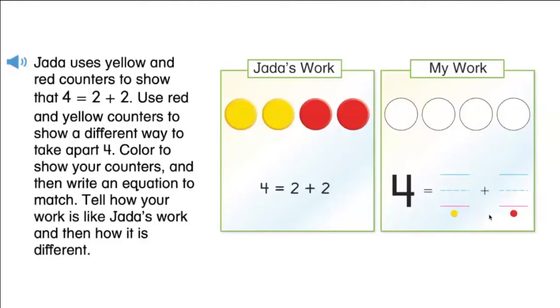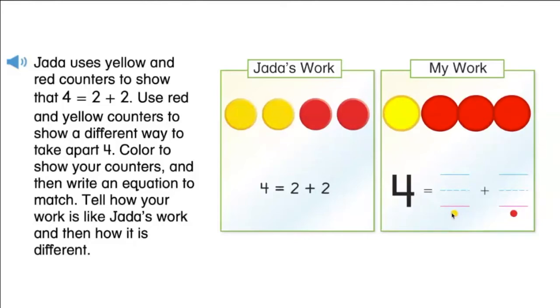Let's see. This time, I'm going to use this many yellow counters and this many red counters. Let's count just to make sure there are still 4. 1, 2, 3, 4. Now I need to write my numbers to show what 2 parts I used to make up 4.